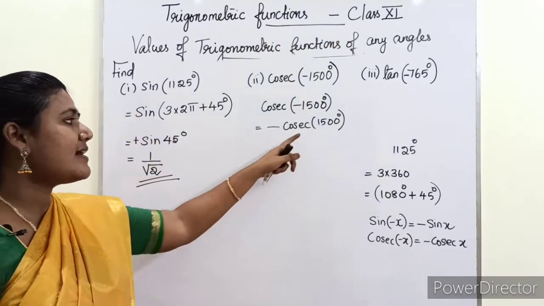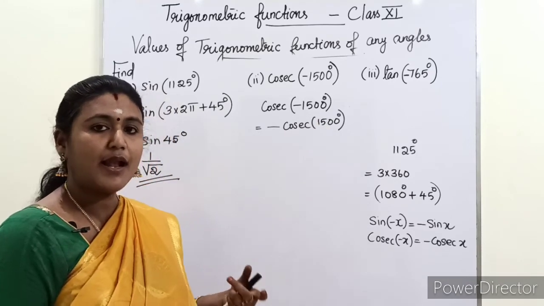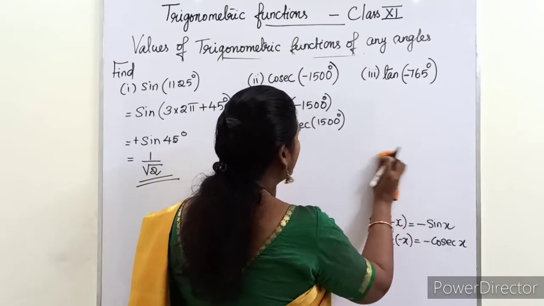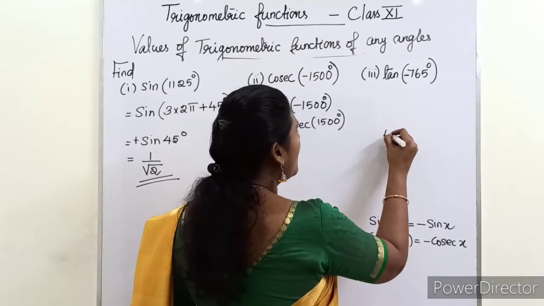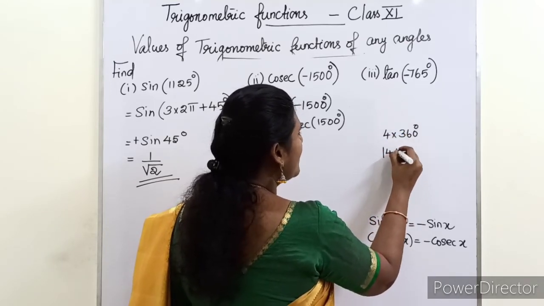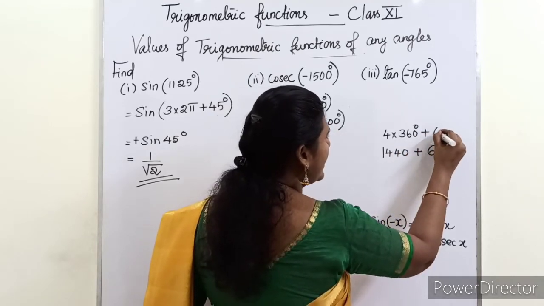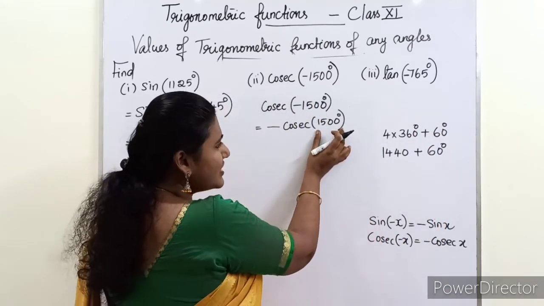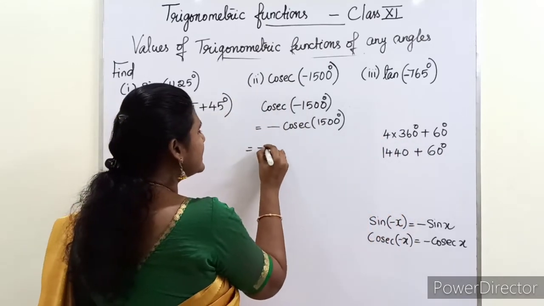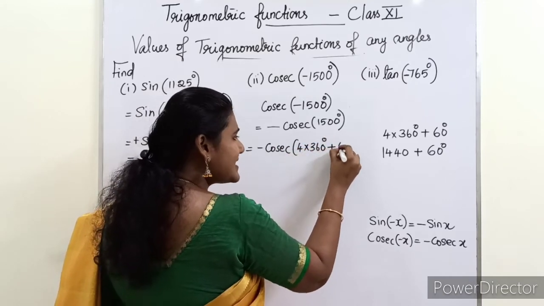Okay, now since the angle is more than 360 degrees, you express 1500 as an integral multiple of 360. So 4 into 360 is 1440, plus 60 degree. So we can express this 1500 as 1440 plus 60, that is, minus cosec of 4 into 360 degree plus 60.